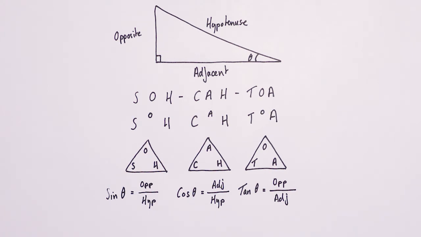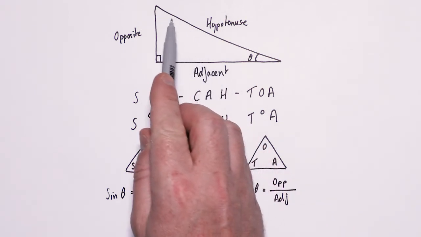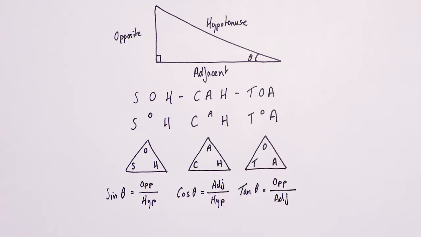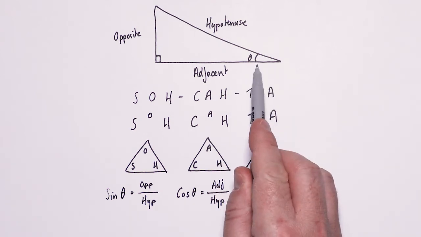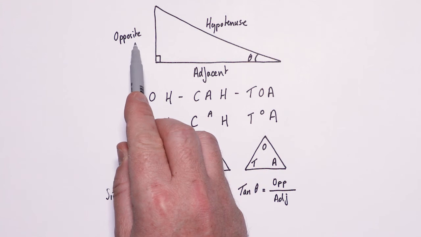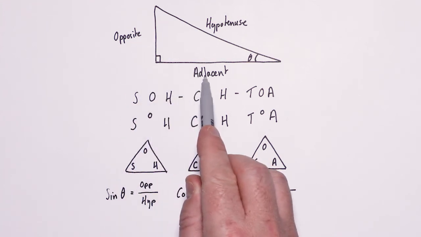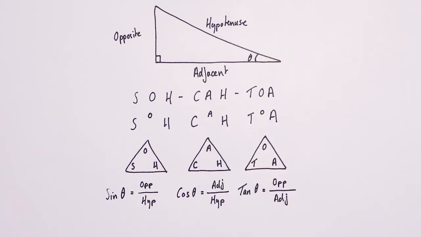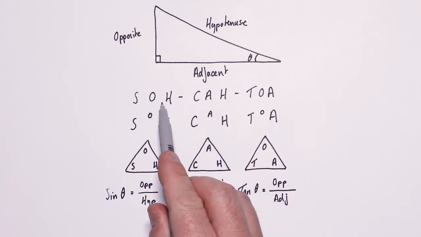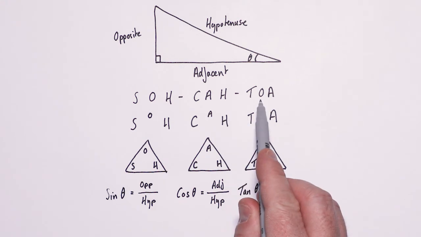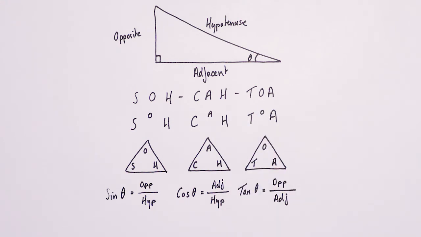So let's run through that again. You started off with a right-angled triangle, and you know that the longest length of a right-angled triangle is the hypotenuse. You know this angle, which means this side opposite the angle must be the opposite, and then the only side left over must be the adjacent. Next, you wrote out Sohcahtoa, which you remembered from one of the silly phrases earlier.